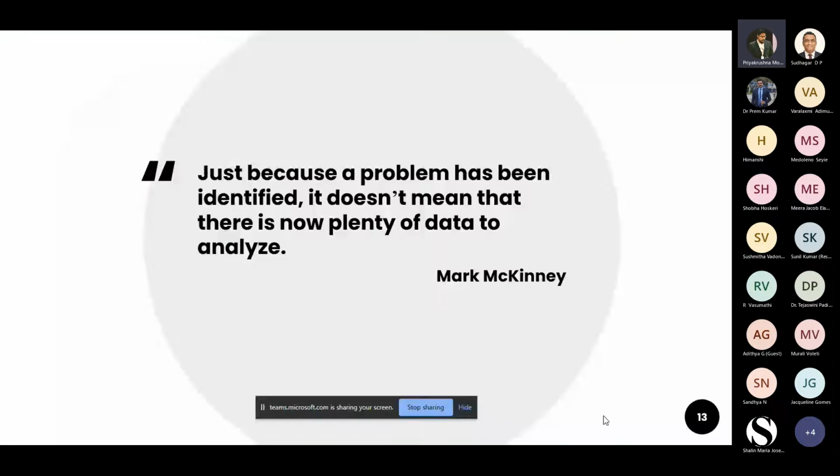As you would have noticed, yesterday also I started with one of the quotes. Today also I am starting with a quote. Mark McConney, who was considered a landmark researcher in the field of marketing, said: just because a problem has been identified, it does not mean that there is now plenty of data to analyze.